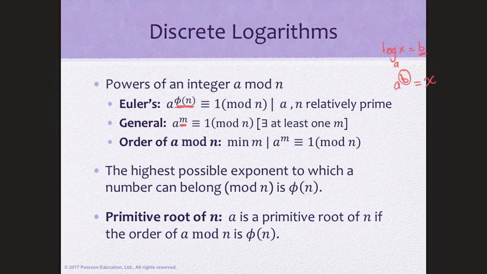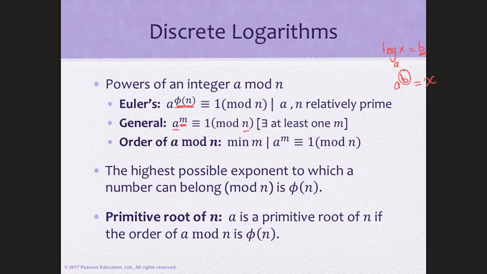So there is some value for m that allows me to raise a to the power m and get a value of 1 mod n, given that a and n are relatively prime.